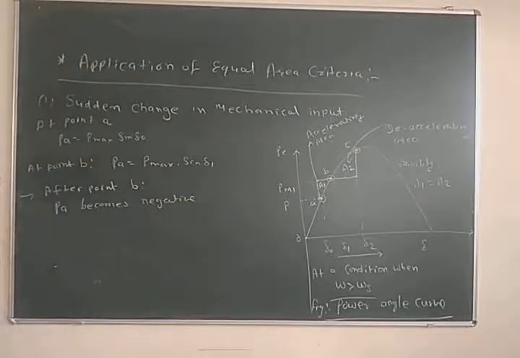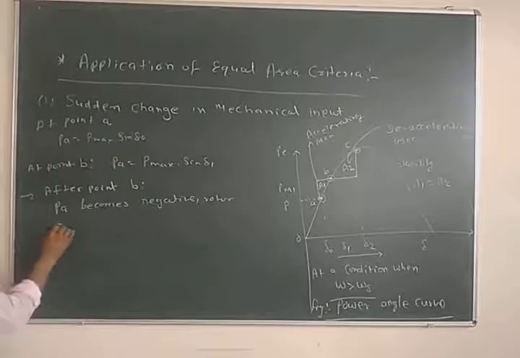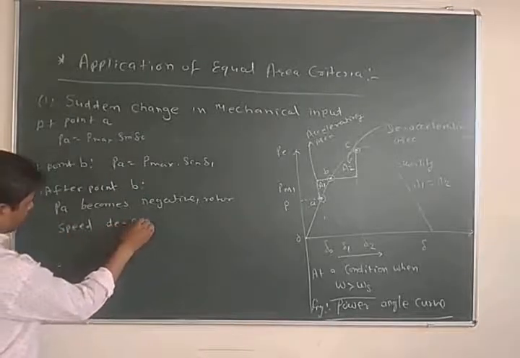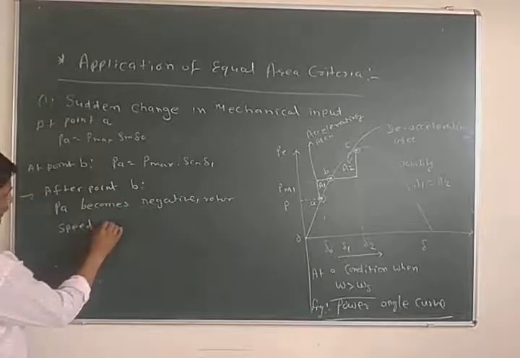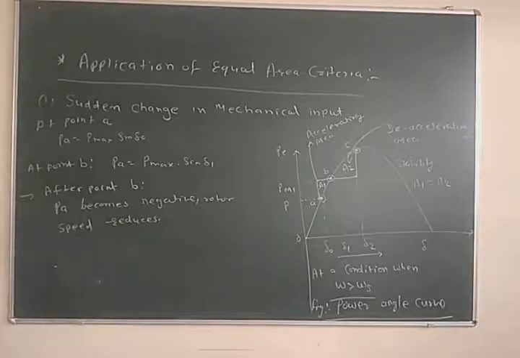Rotor speed decelerates, or we can say that rotor speed will reduce, for omega greater than omega s.